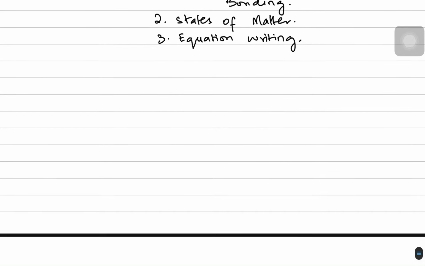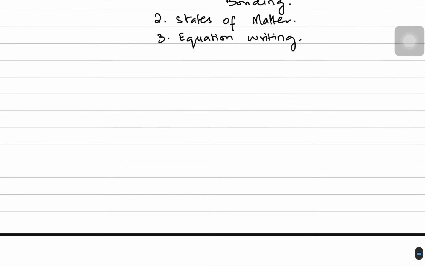So let's talk about chemical bonding first. We know there are overall three main kinds of bonding: ionic, covalent, and metallic. In ionic bonding, we have metals reacting with nonmetals.